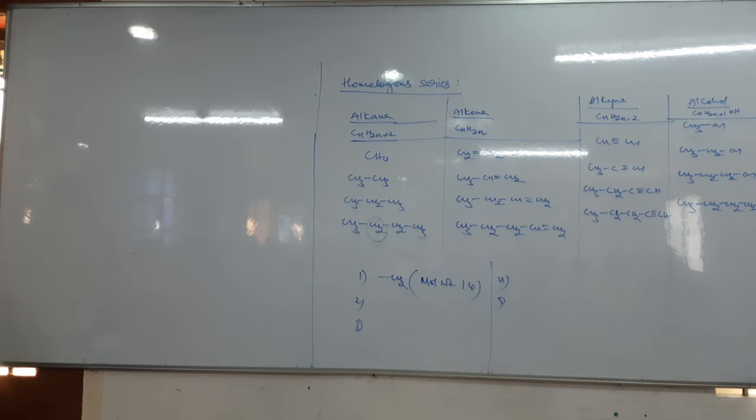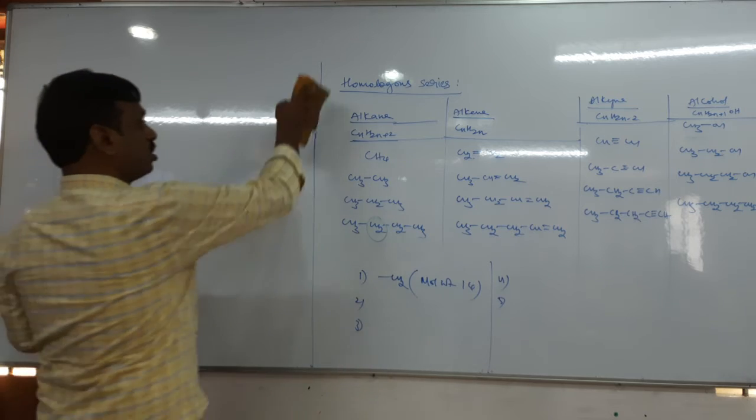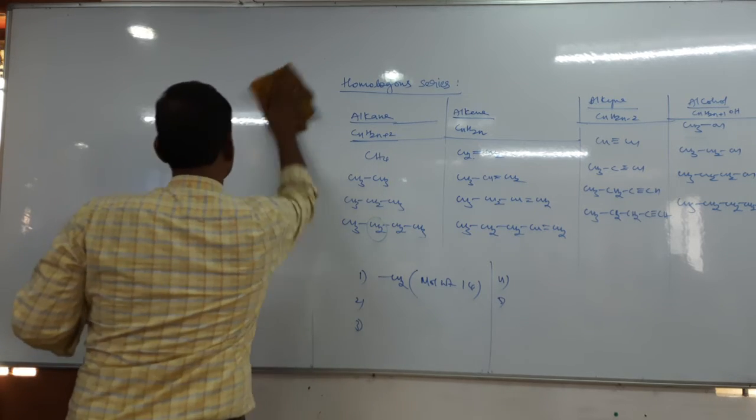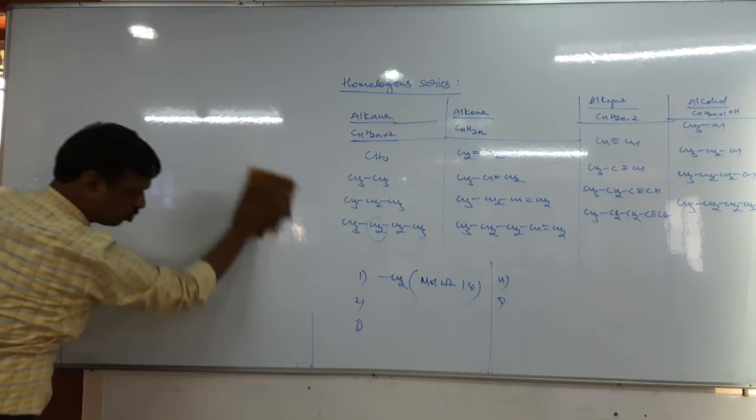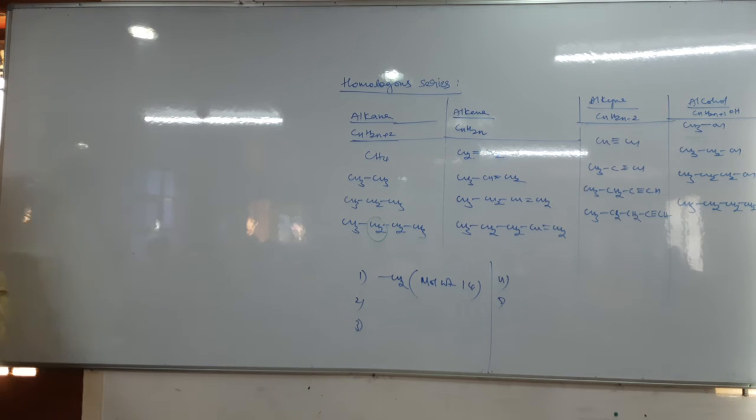Five: they should show gradual change in physical properties.